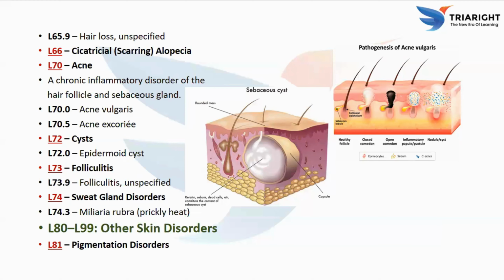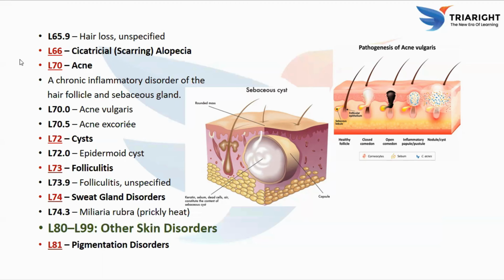These are mainly focusing on acne, cyst, folliculitis, sweat gland disorders, and pigmentation issues. What is L65.9? It's hair loss unspecified. This is a general code used whenever the type or cause of the hair loss is not documented, when the medical record only states the hair loss without further details.